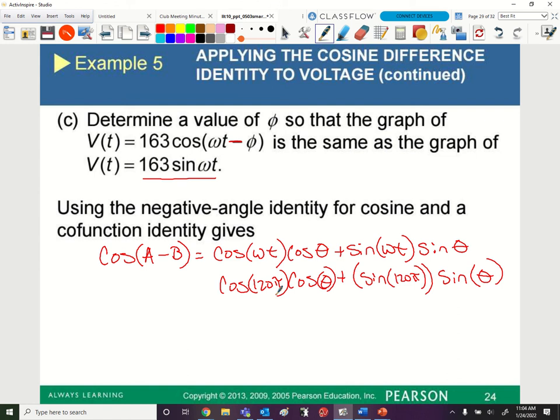And 120 pi is going to end up becoming a positive 1.